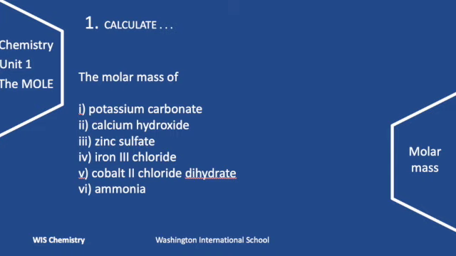And pause here, just calculate the molar masses of these substances. So you need to write their formulas. And look at number 5, it is a dihydrate. So the di is a Greek prefix there to tell you how many water molecules with each cobalt(II) chloride.